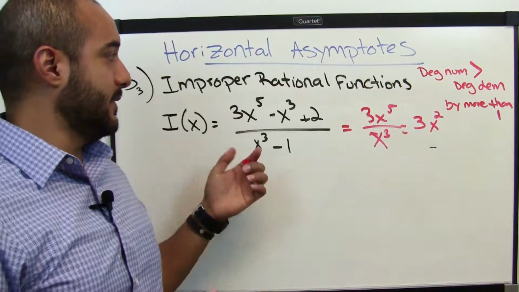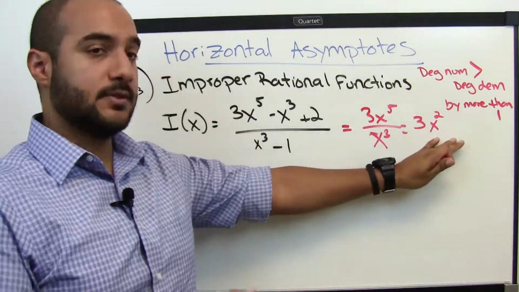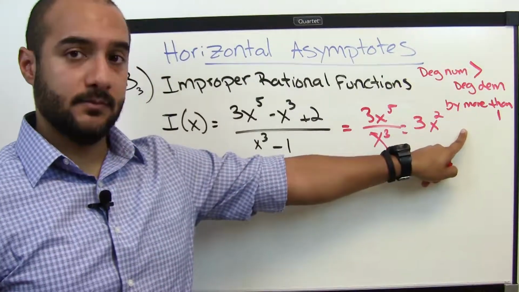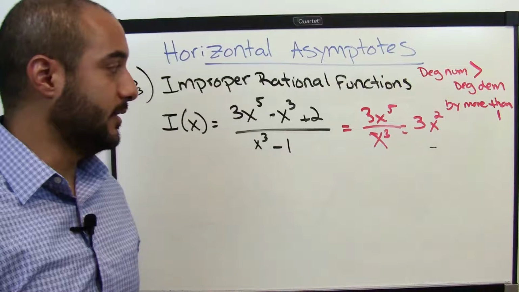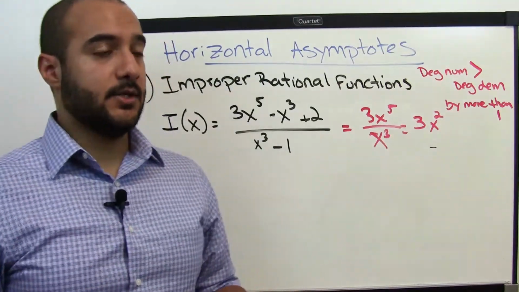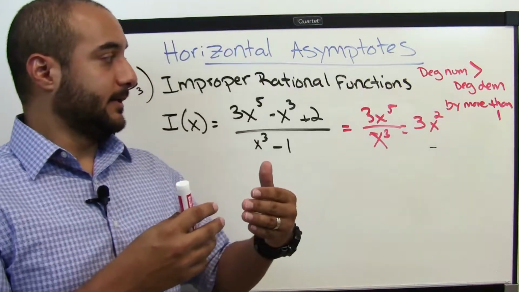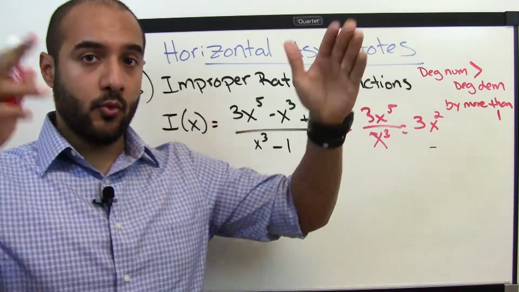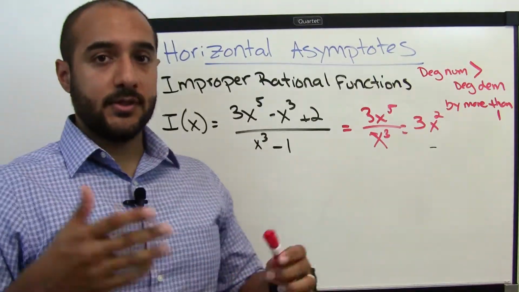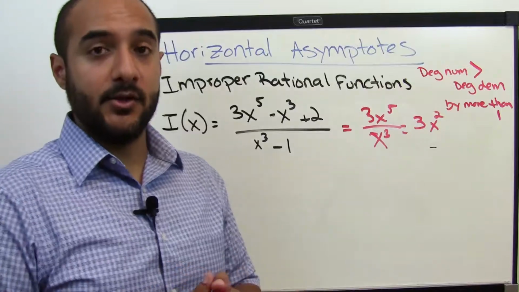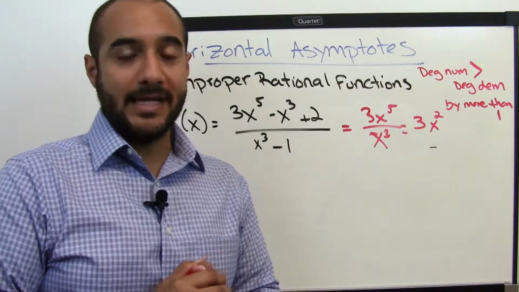So if I graph this, it would approach something close to 3x squared. Remember, I'm missing something here because I didn't do long division. But notice that it's not linear. So I don't have an oblique asymptote. I have something that looks more quadratic. So usually at this stage, you don't find those. So for right now, just say no horizontal or oblique asymptotes.